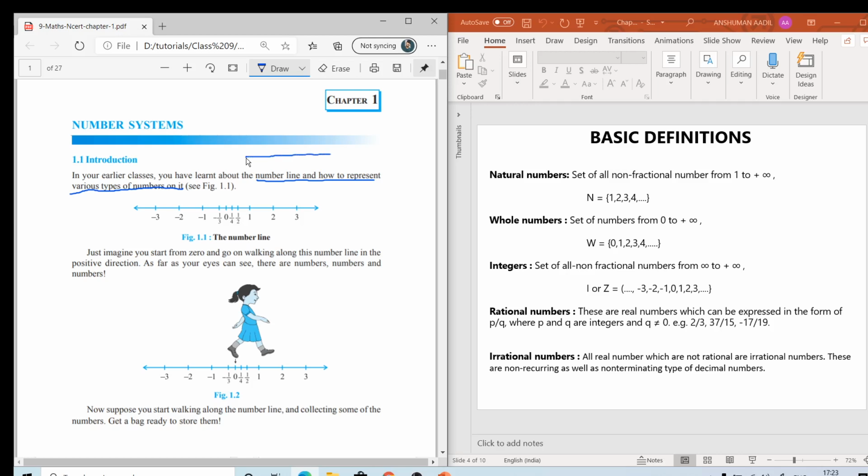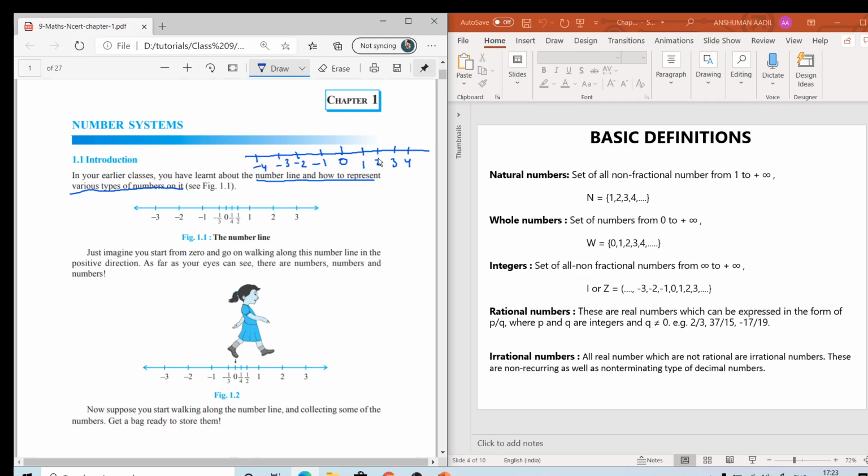So we'll draw a line here. We'll mark a 0, which is also the origin, and then 1, then 2, then 3 and 4 and so on. And here we'll mark -1, -2, -3 and -4. Like this it will go on up to -infinity.